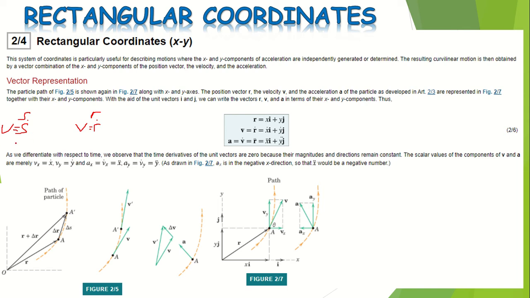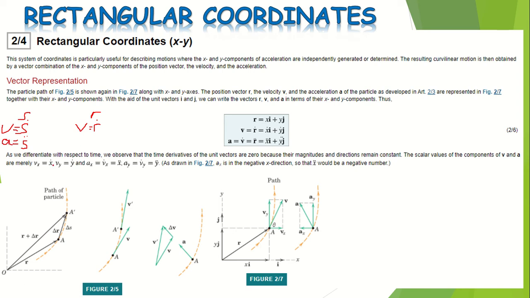And as we discussed before, if you take the derivative again, the second derivative of s, you have s double dot, which indicates our acceleration.